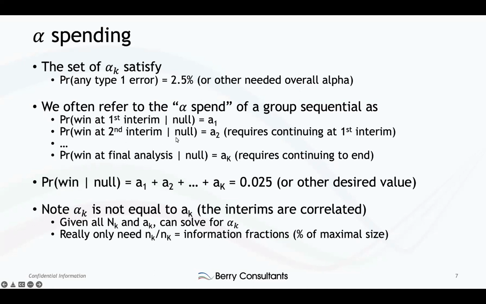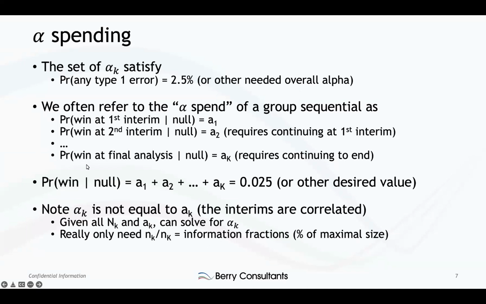Then let's think of another event: what is the probability we win at the second interim? To be clear, to win at the second interim, you had to get to the second interim. So winning at the second interim implies that you did not win the first and you won at the second. Let's give that a probability A2.